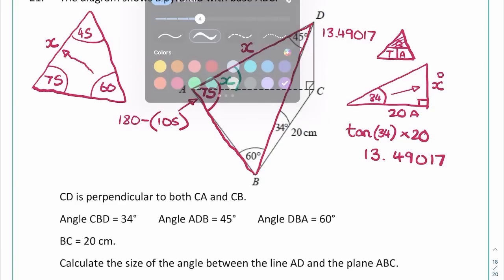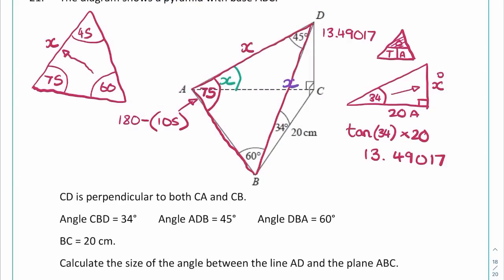Let's swap to a different colour. Let's see if we can find this one, as we have a right angled triangle there. Let's get rid of that X. To find that one, we can definitely do that, because we have a right angled triangle, and we've got an angle in it, and we've got both the lengths. So we could either use Pythagoras or SOHCAHTOA, because we have the length 20, the angle 34, and the height of that triangle.